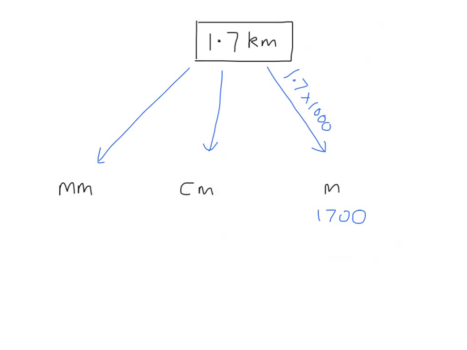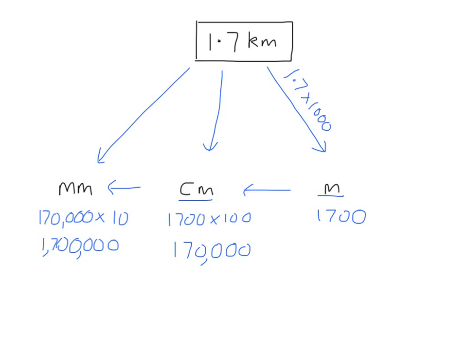Now, there are 100 centimetres in every metre, so I need to take 1,700 and times that by 100 to convert from metres to centimetres, which gives me 170,000 centimetres. Then there are 10 millimetres in every centimetre, so I need to multiply that answer by 10 to convert to millimetres. And that gives us 1,700,000 millimetres in 1.7 kilometres.